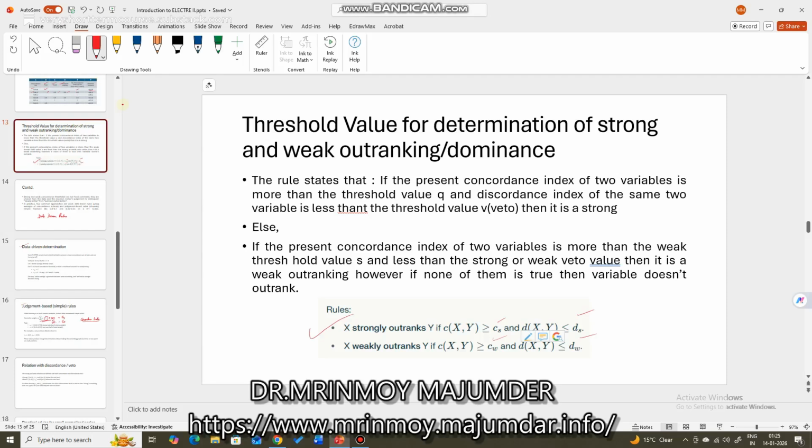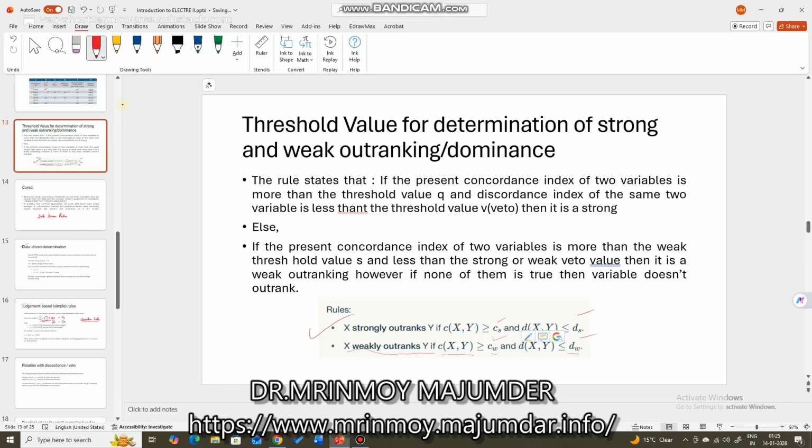Before that, let me explain the second statement of this rule. X weakly outranks Y if the concordance index of X and Y is greater than the weak concordance value and less than the weak discordance value.